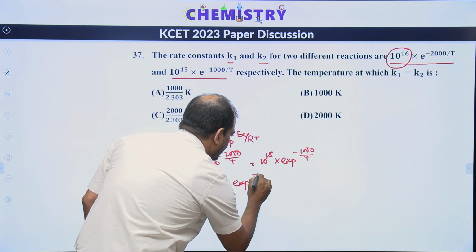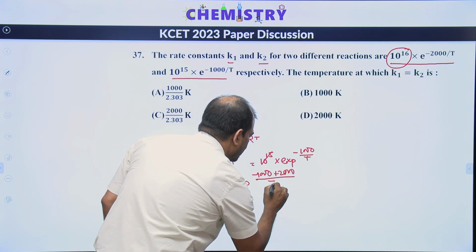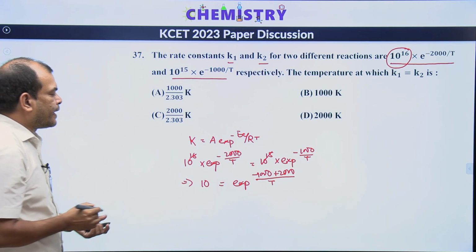exponential of minus 1000 plus 2000 by T. Now you need to solve it. How can we solve it?